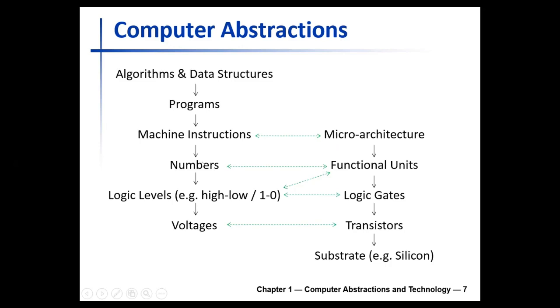These are very tightly coupled. You have a very tight relationship between these abstractions. So all these abstractions together make a computer system, a complete computer system, right? So software side, starting from algorithms, you can deconstruct an algorithm down to voltage levels.